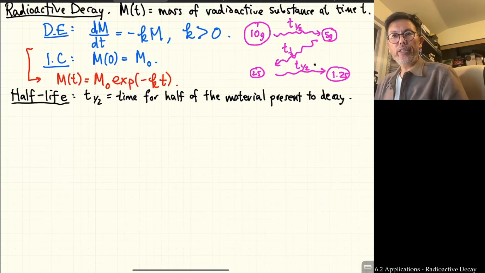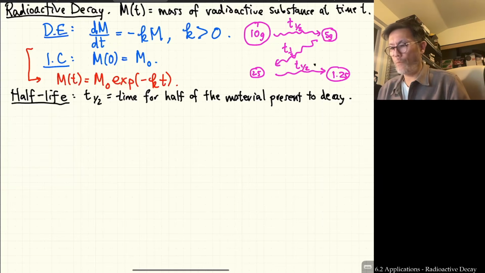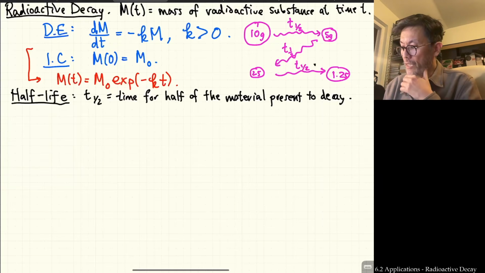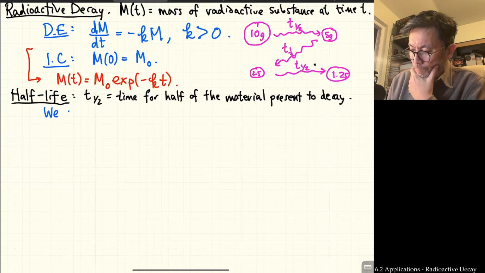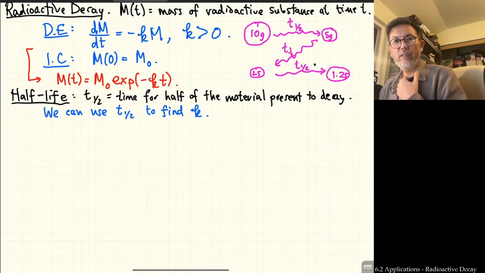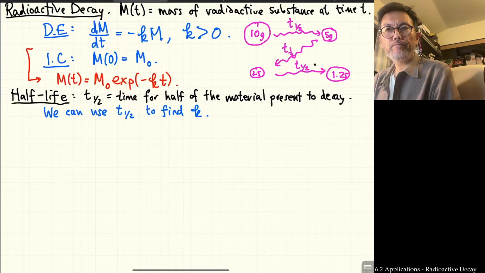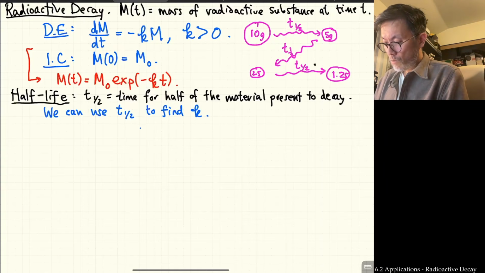How can we, if we are given the half-life, use that information to figure out k? So here's what I want to say. We can use t sub 1/2 to find k, this constant k. Let's do it. Why? Well, because what is m of t sub 1/2?